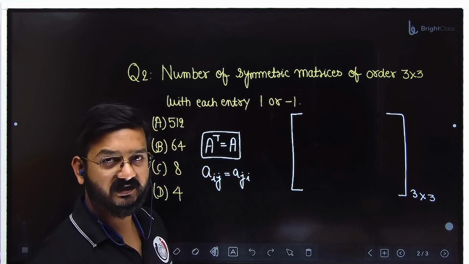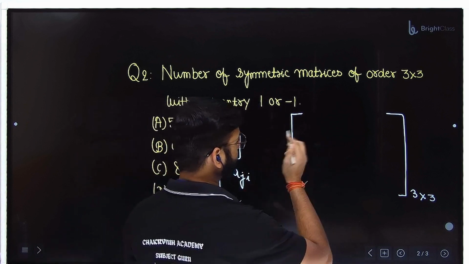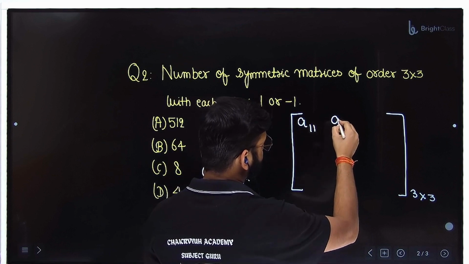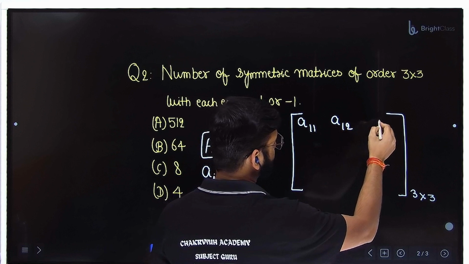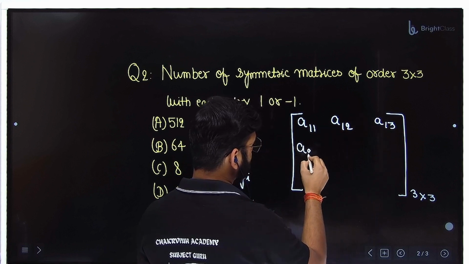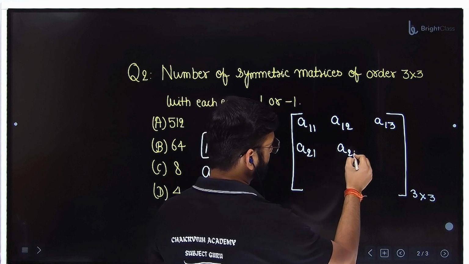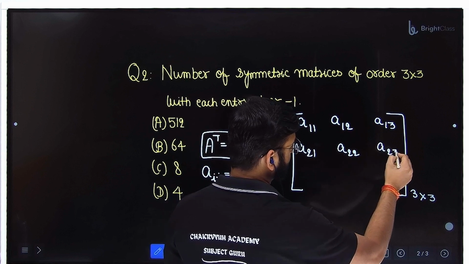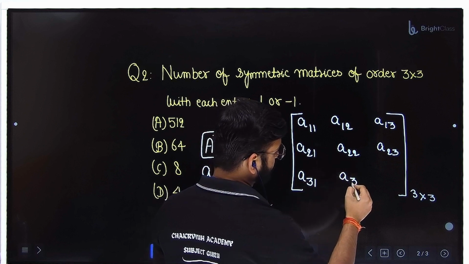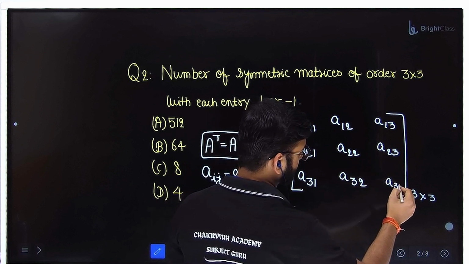If I write a general matrix, this is A11, first row first column, first row second column, first row third column, then second row first column, second row second column, second row third column, third row first column, third row second column, third row third column.